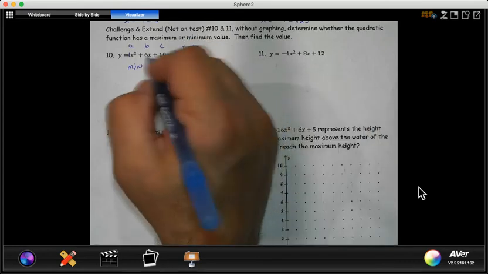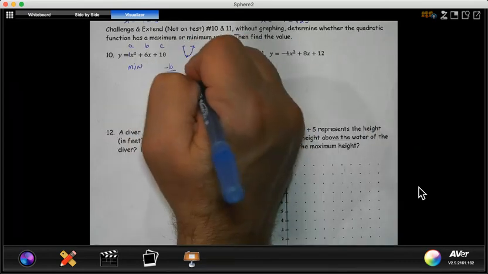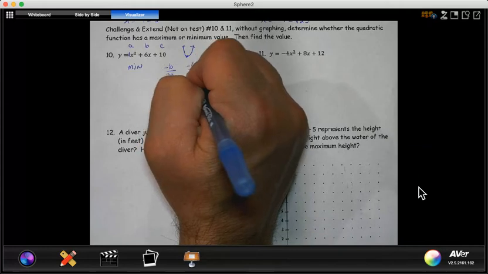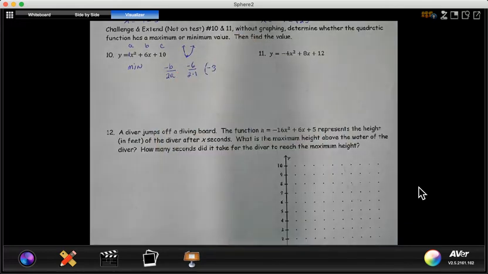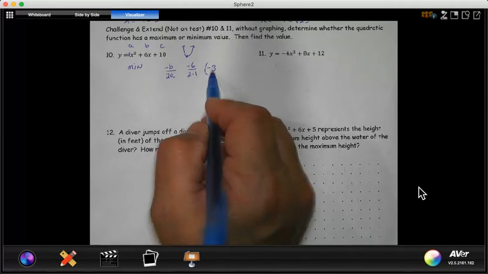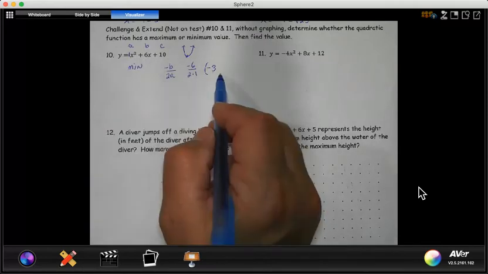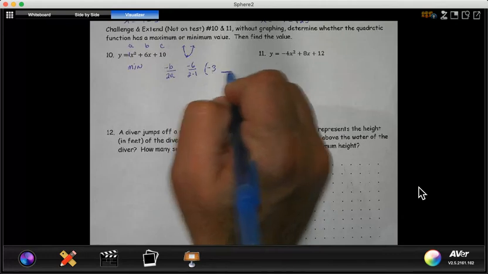So what's negative B over 2A? That's negative 6 over 2 times 1. Negative 6 divided by negative 2 is negative 3. So that's the x coordinate of my vertex, negative 3. Now take negative 3 and plug it in, and that'll tell you your minimum value.